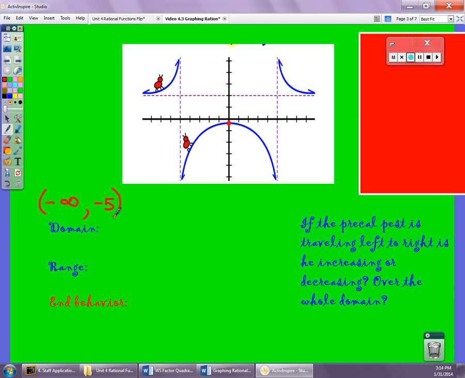So we're going to say to -5, open at -5, and then we're going to let it pick up on the other side of the asymptote at -5, continue all the way to the second vertical asymptote at 5. Notice it never reaches 5, so that is also open. And then it picks up on the other side of that vertical asymptote at 5 and continues forever to the right.